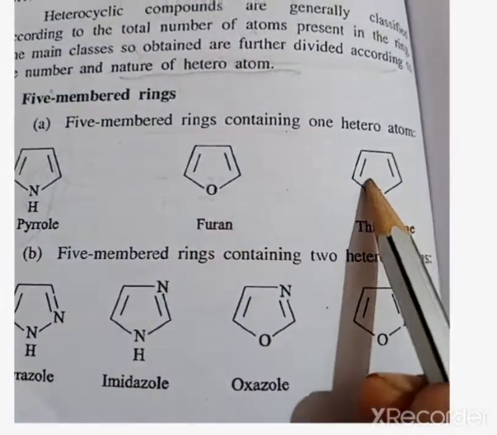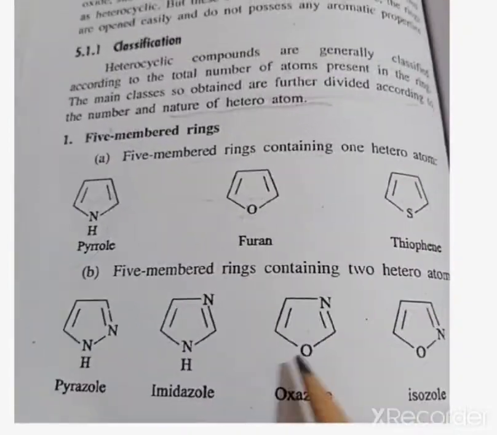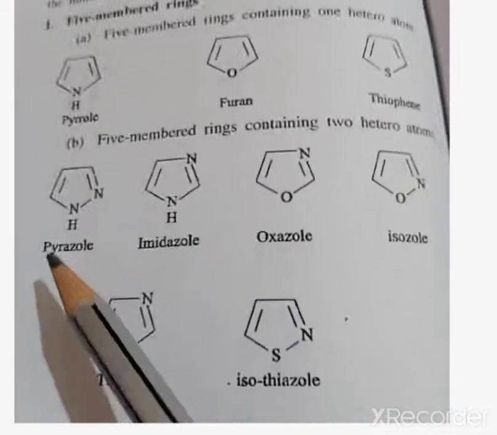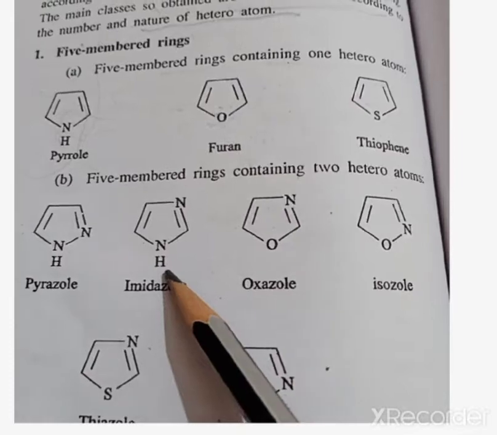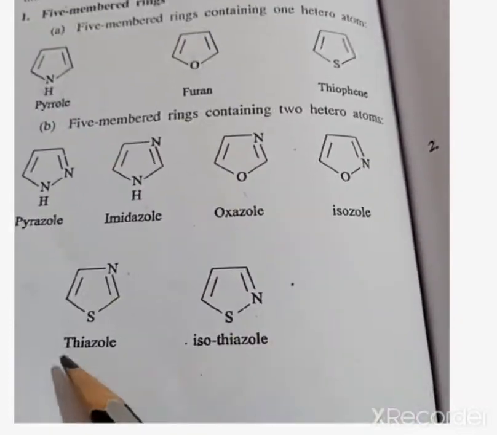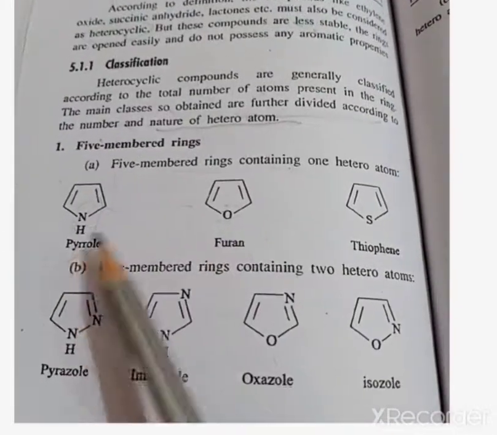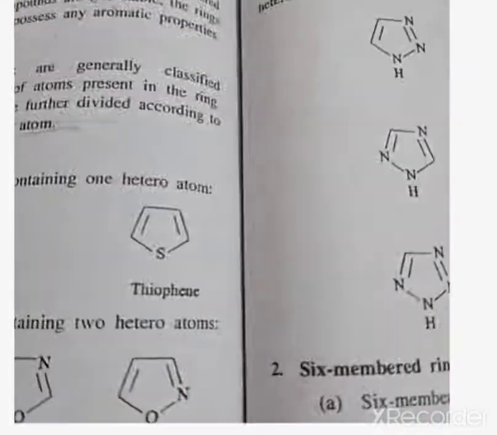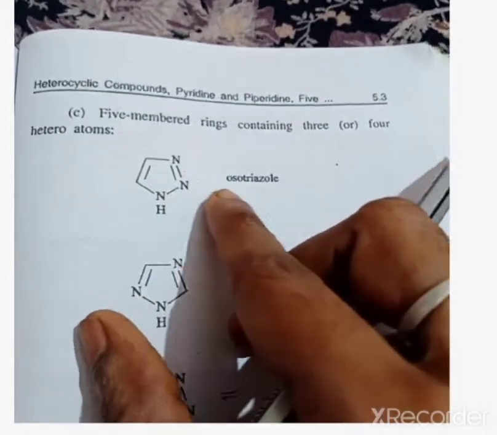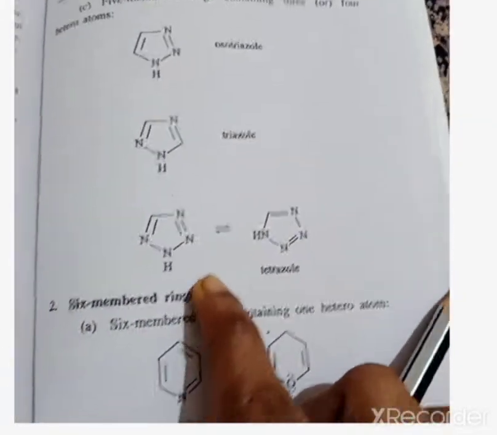That is an example of 5 membered rings with 1 heteroatom. 5 membered rings can also contain 2 heteroatoms: pyrazole, imidazole, oxazole, isoxazole, thiazole, and isothiazole. Third, rings may contain 3 or more heteroatoms, like 1,2,3-triazole; triazole contains 3. These are examples of this classification.